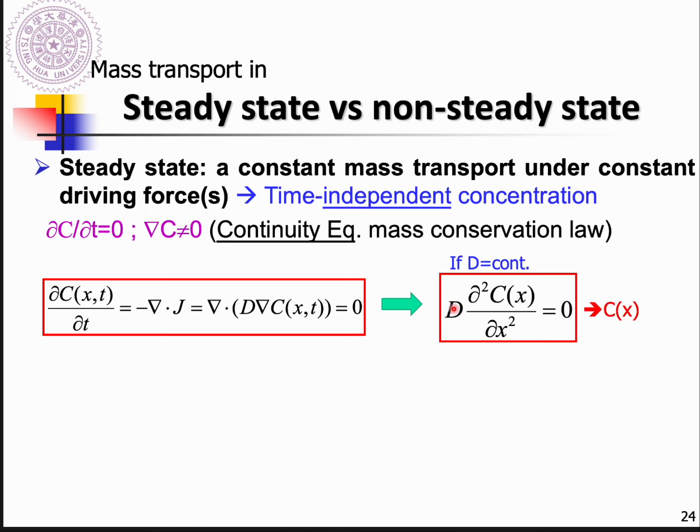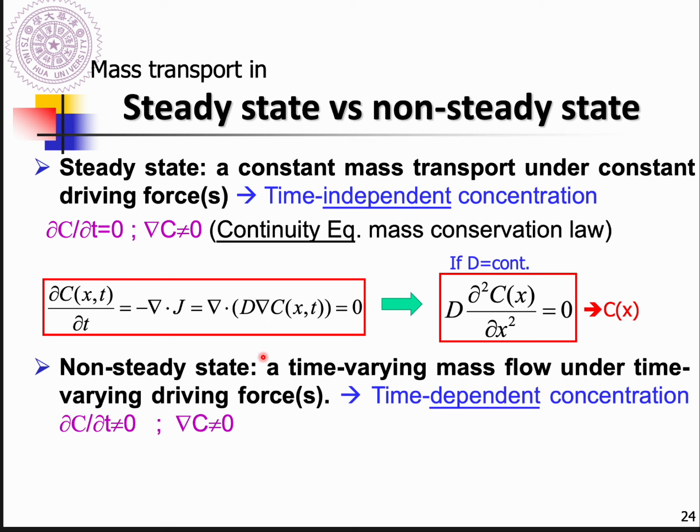What we have is the diffusivity and a second-order derivative of concentration with respect to x. As long as you solve this differential equation, you can get the concentration profile. So this is a time-independent concentration; the profile only changes with location and does not change with time. This is what we call a steady state.